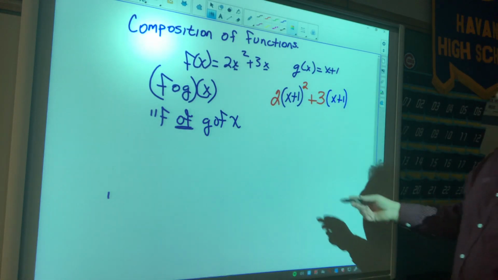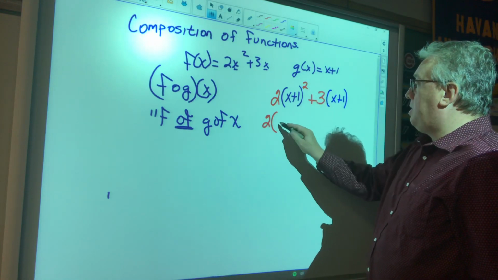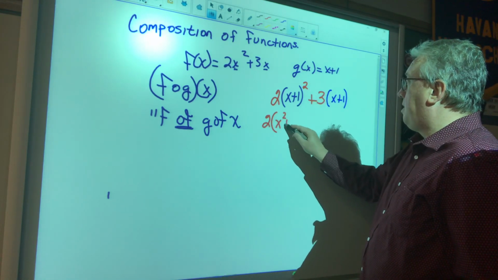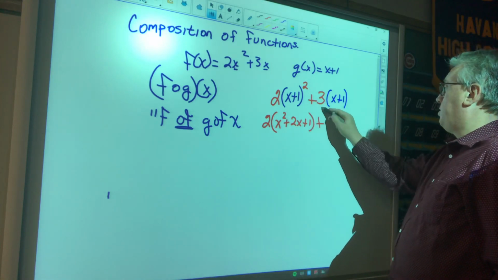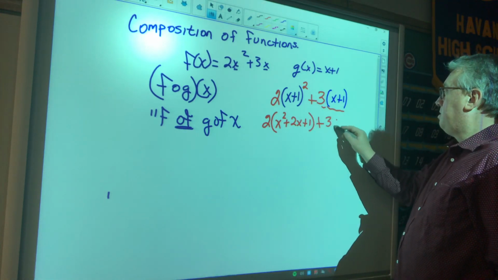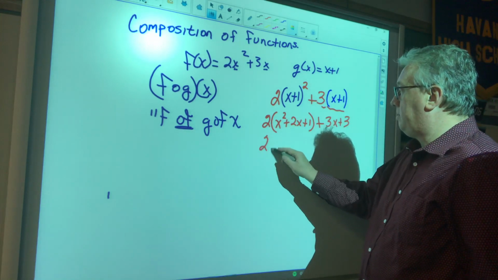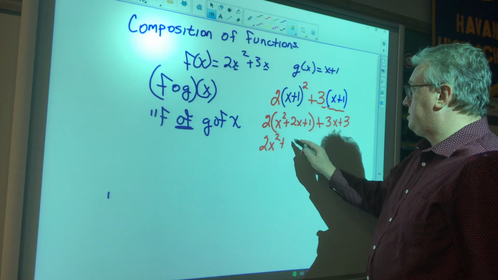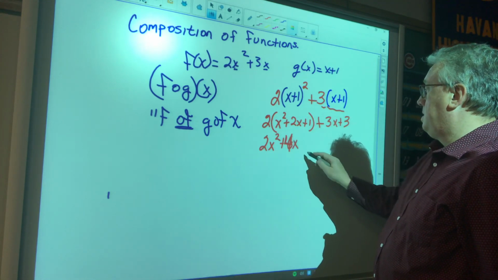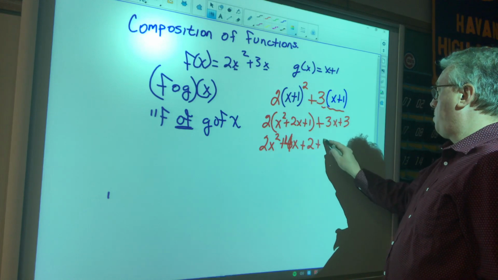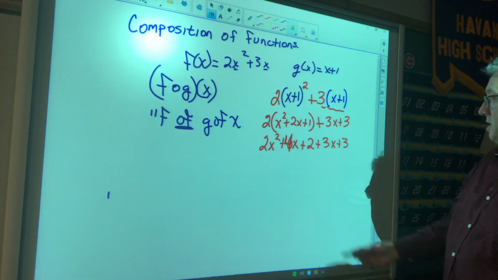Now we need to carry this out. 2 times x plus 1 quantity squared becomes x squared plus 2x plus 1, plus we can go ahead and distribute here, 3x plus 3. Now we need to clean this up.